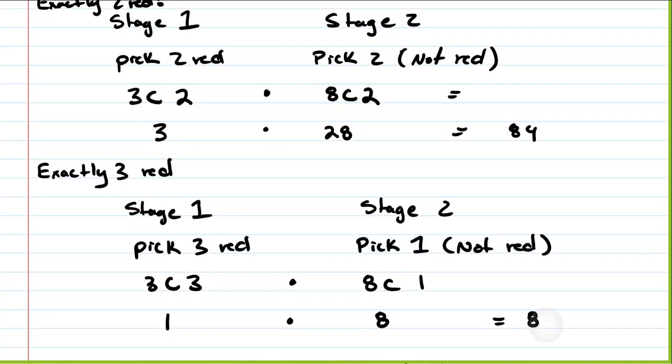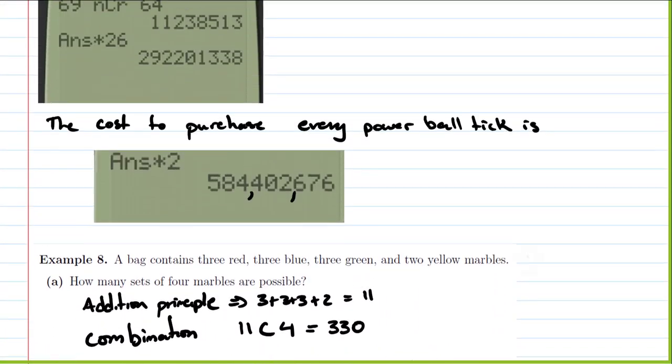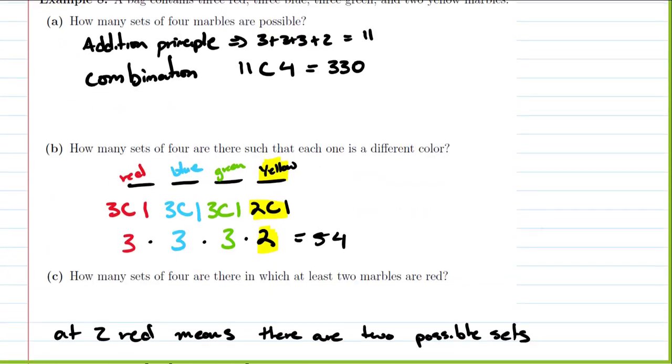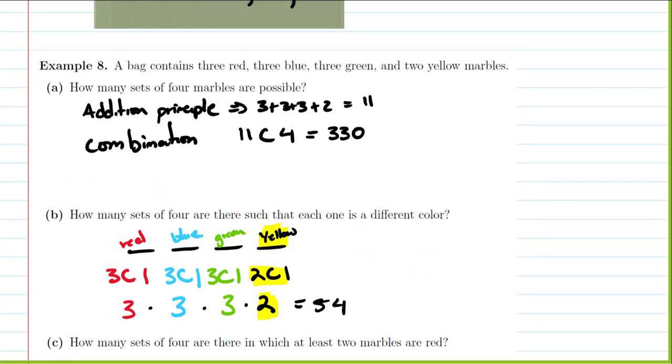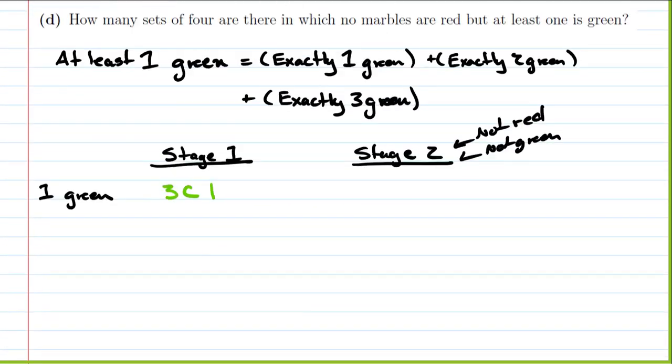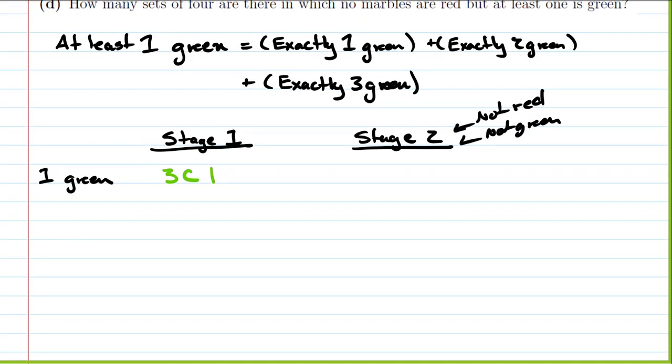So we go back up to our totals, and we need not red and not green, so that's 3 blue and 2 yellow. So our not green and not red is going to be 5. We have 5 to choose from, so 5C2, right? Because that is our not green and not red.